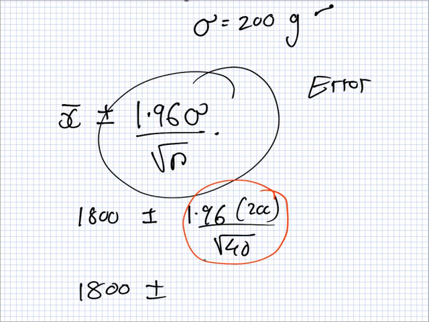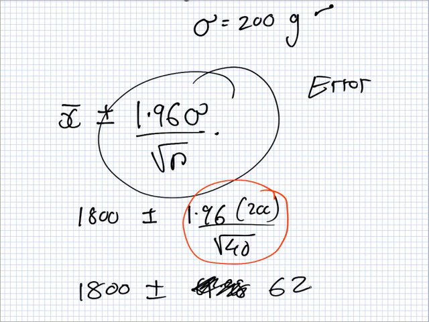What's that part of the margin of error? Yeah, it's the error. There's a couple of different terms for it. I just call it the error, but it's margin of error, standard error, but basically the error. What did we get there? 98, so 62 then.